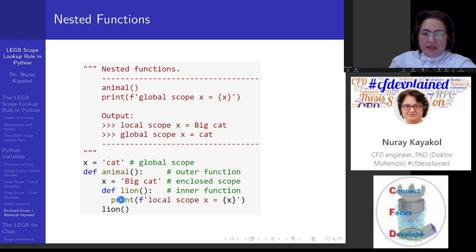So actually this is like a single function, because you didn't define anything about local variables. So Python just prints the value of x, which is in the enclosed scope. Enclosed scope means something between the inner and outer function.